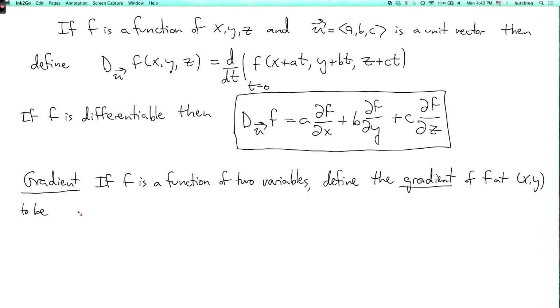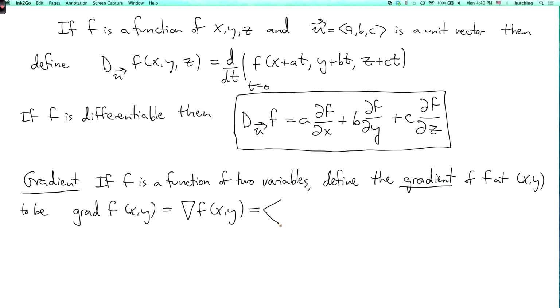So some people write this as grad f at xy. In this course, we're going to write it as an upside down triangle. So gradient of f at xy, and this is actually a vector. So maybe I should put a little arrow on top of this upside down triangle, but I'm not going to do that.